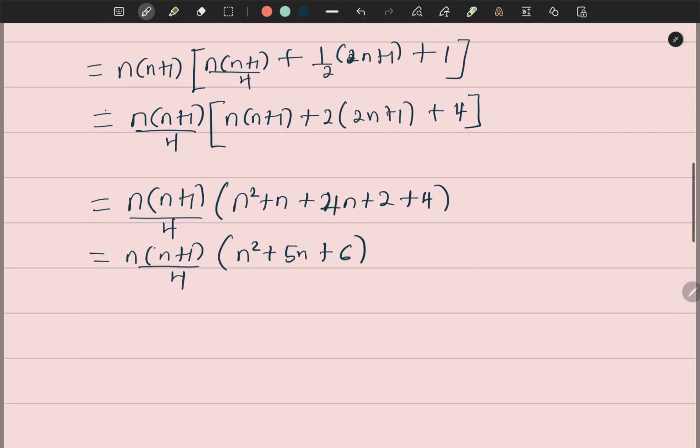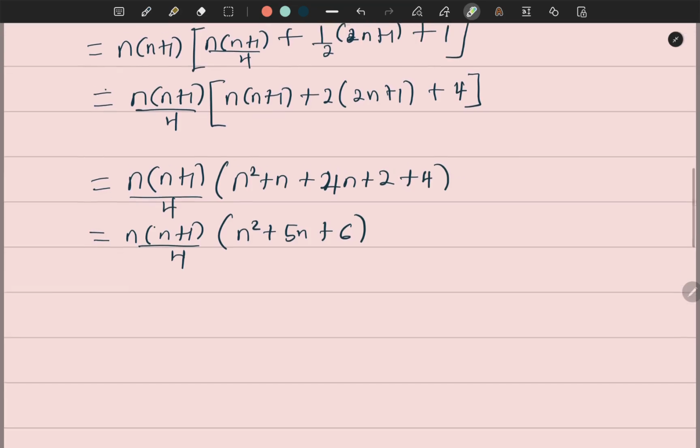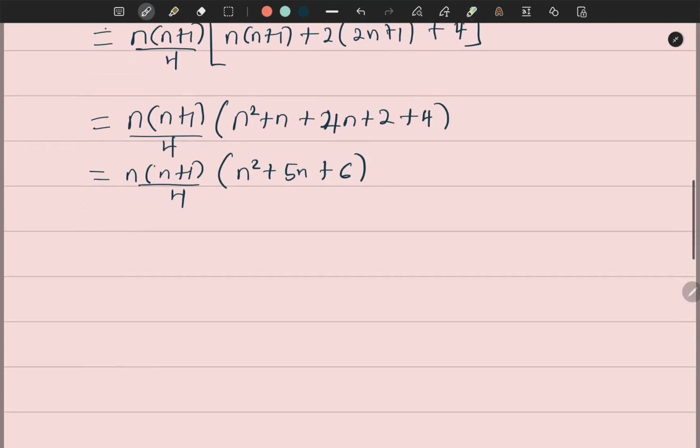Yes, you can choose to leave it like this, but when you look at what you have in this bracket carefully, you see that this is a quadratic expression that can be factorized. This means a product of 6 and a sum of 5, so which is 2 and 3.